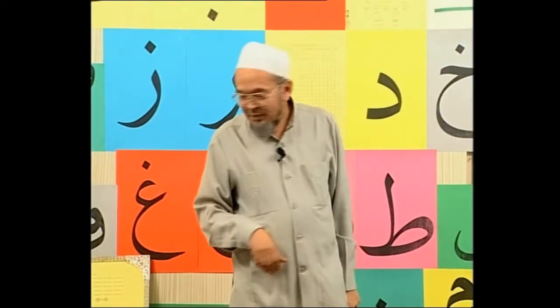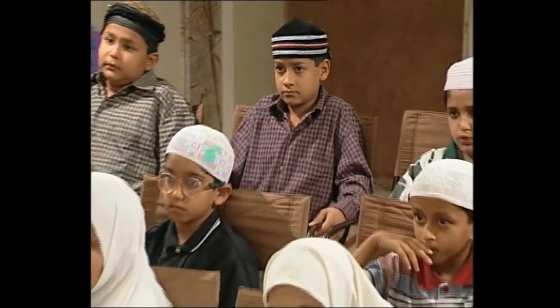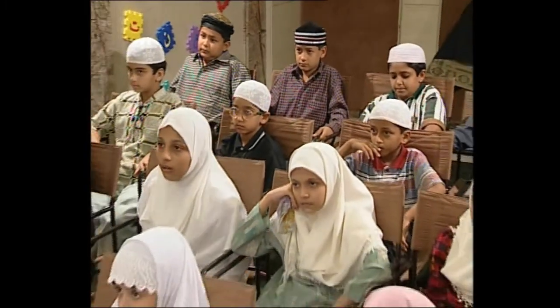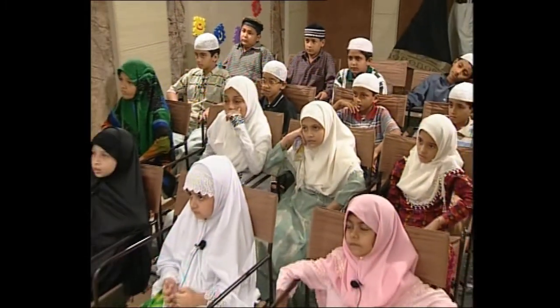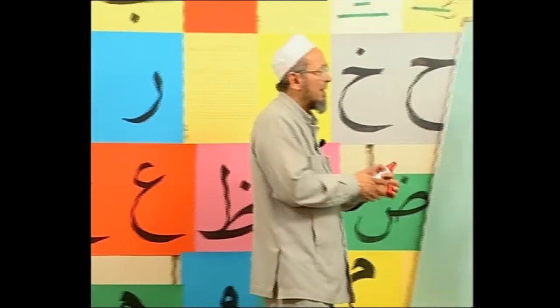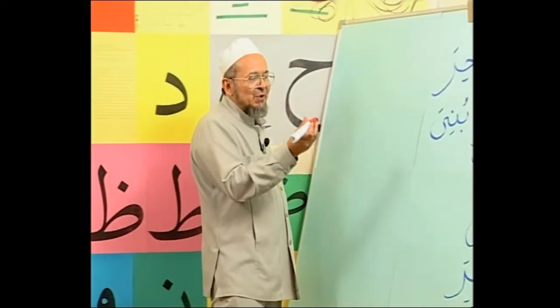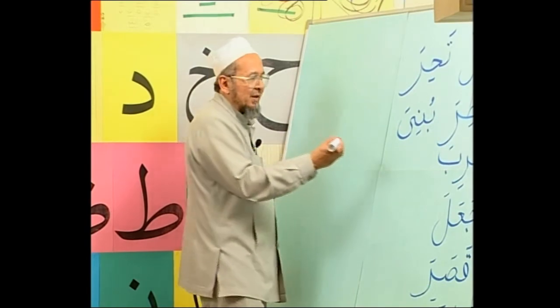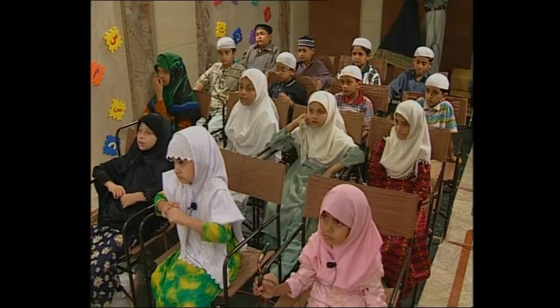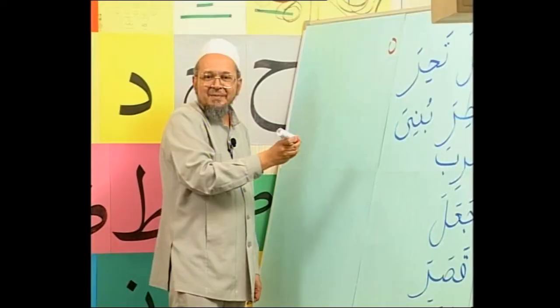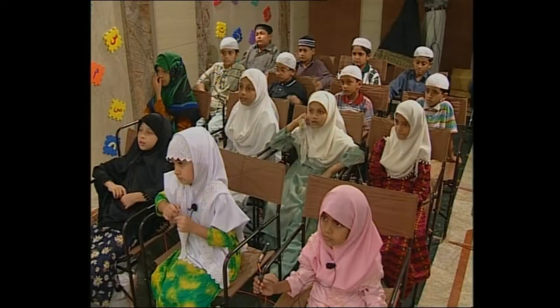Now generally, two signs are used for Sukun. And I am deliberately using red because a Sukun sign is there. Generally, two signs are used for Sukun. That is this sign, a mini circle, or this sign.